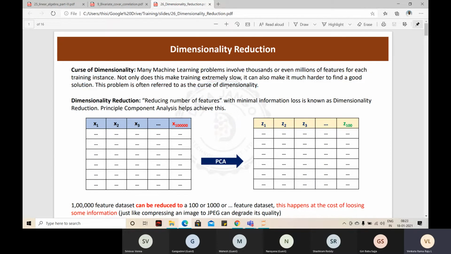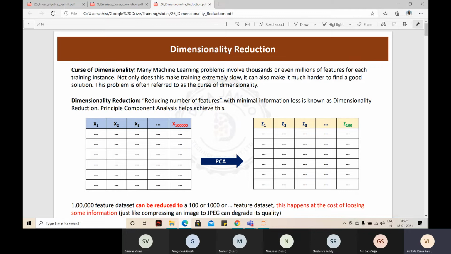Many machine learning problems involve thousands or even millions of features. In NLP, we'll see thousands of features at least for training. Not only does this make training extremely slow, it can also make it much harder to find a good solution.